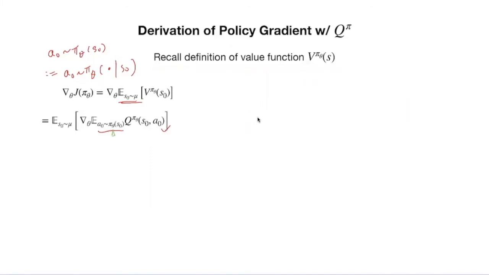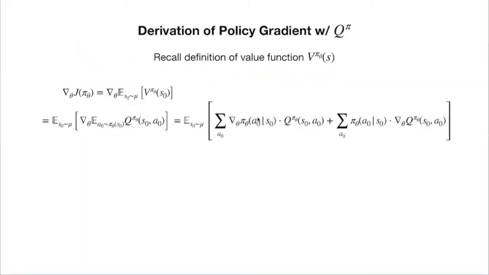So now we get into a situation where we need to apply the product rule for gradient, right? If I have f and g and take the gradient of that, this is the gradient of f times g plus f times the gradient of g, right? So we are exactly in this situation because we have two places where we have the parameter. So let's just apply the product rule, all right?